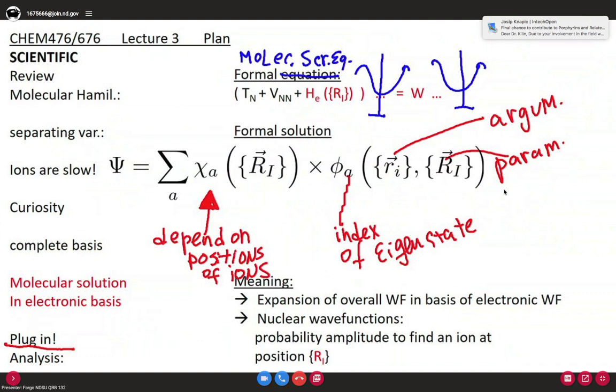So the plan is then we need to plug this functional form into the molecular Schrodinger equation and analyze it. There will be several terms acting on this function.